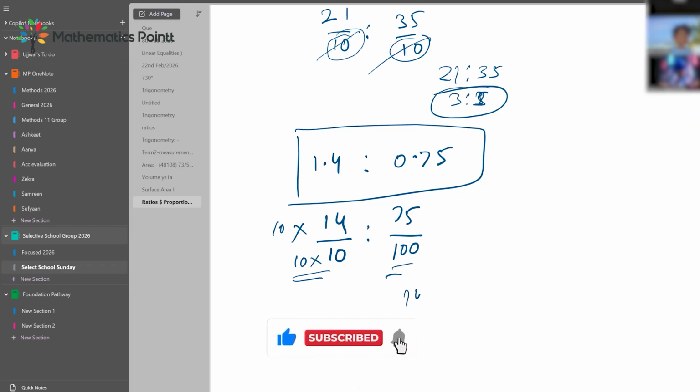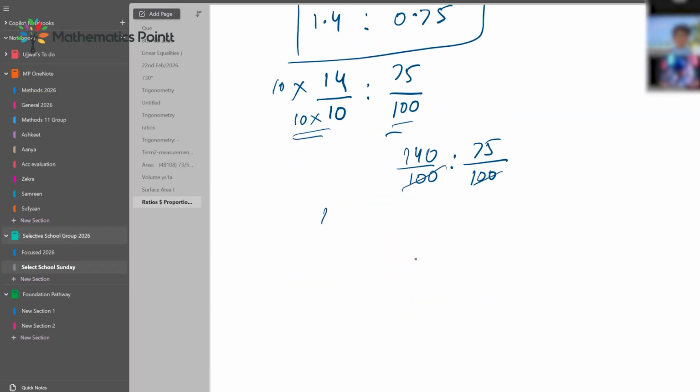So this becomes 140/100 ratio 75/100. So finally, 100 cancels. So I've got 140/75. And now I can just simplify them. They both can be divided by 5. The highest common factor is 5. So this becomes 28/15.